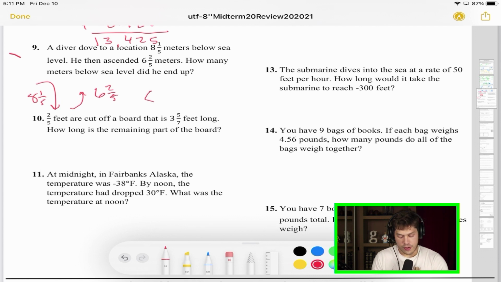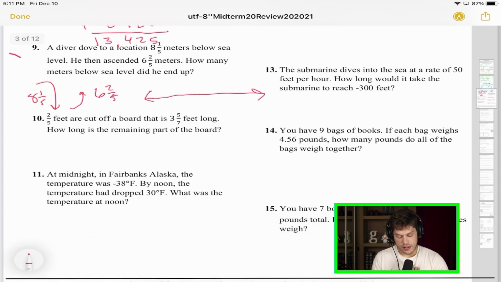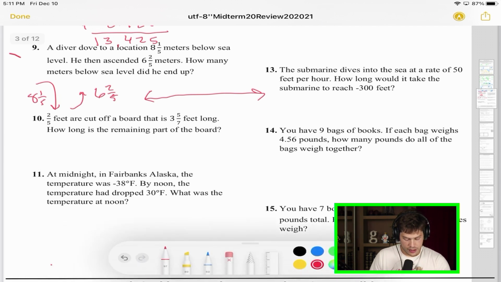If we had a number line, and 0 is sea level, then we went down into the negatives, negative 8 1/5. And then we're swimming up back toward 0, plus 6 2/5, going back up here.